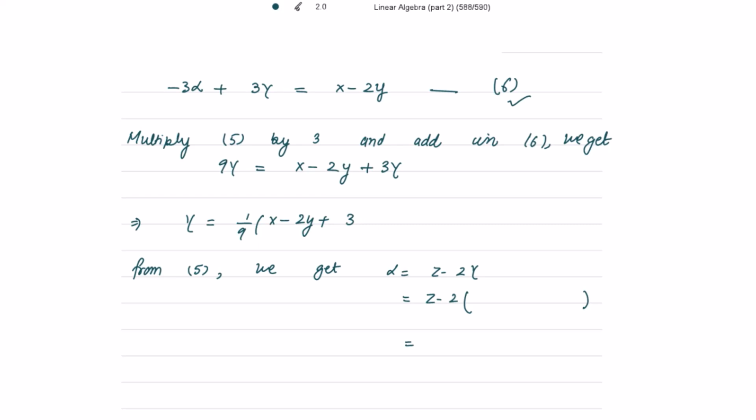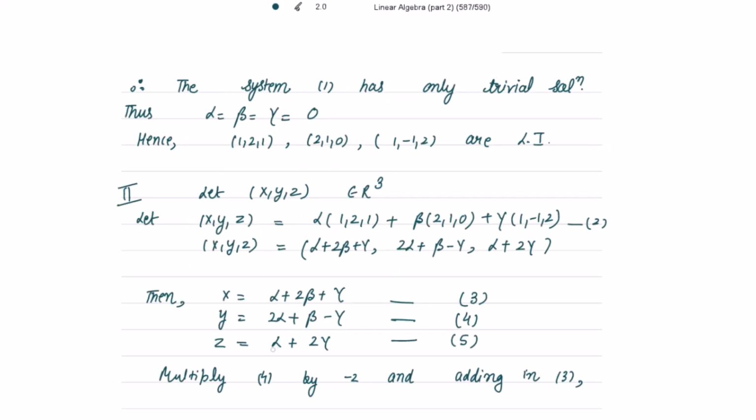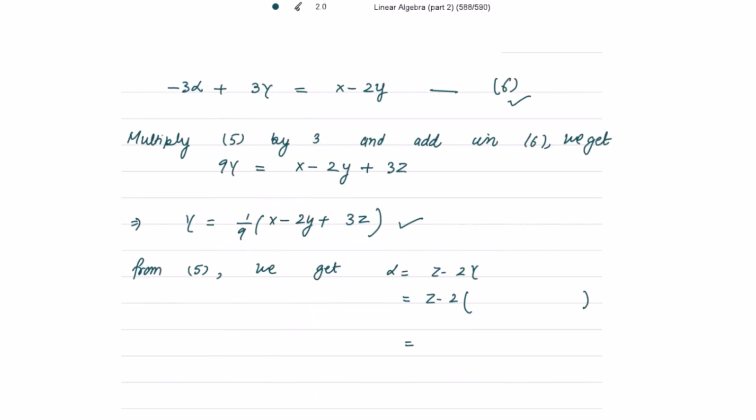Wait, this is 3z. Okay, so I get my value of gamma. And what is alpha? Alpha is z minus 2 gamma from 5. So alpha from 5, we get alpha is z minus 2 gamma. So I know the value for gamma.